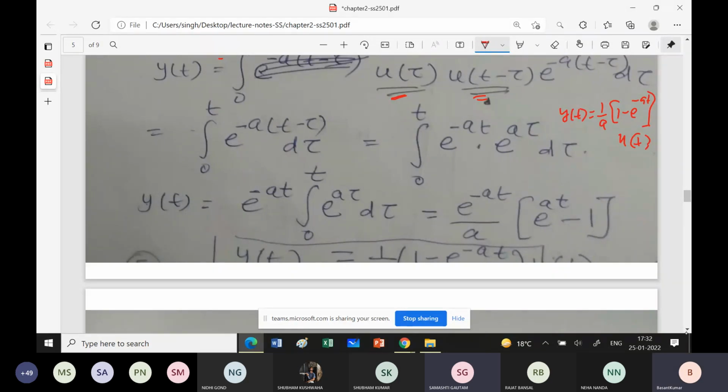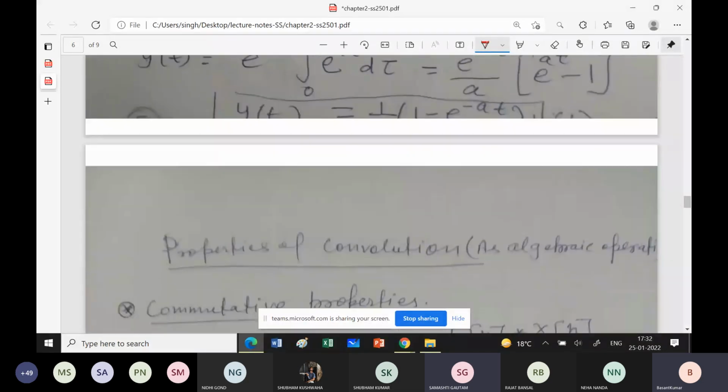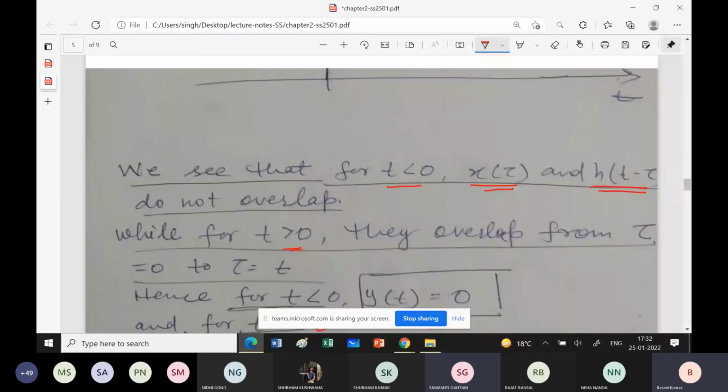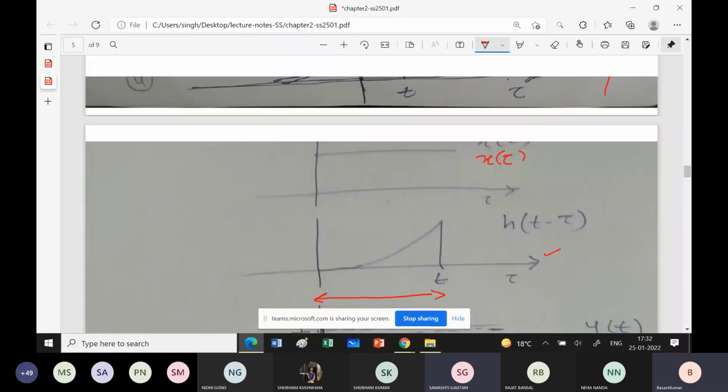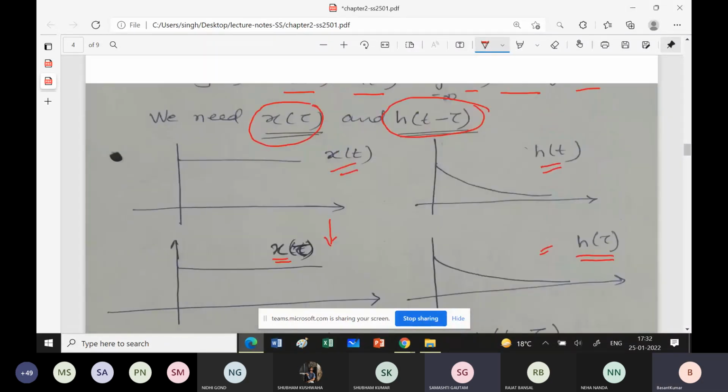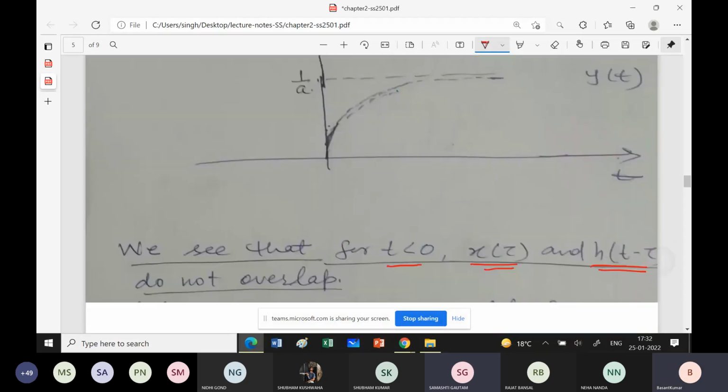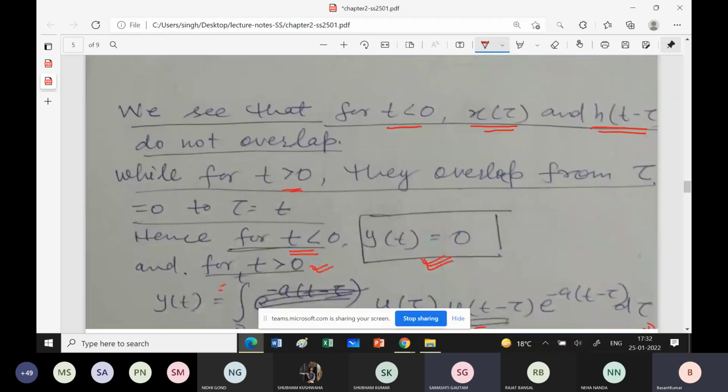So it is going to give you response only at t greater than equal to 0. That's why you can multiply this signal with the ut. So this is how you can get the convolution done, and subsequently you can get the yt, which is the response of the given system.